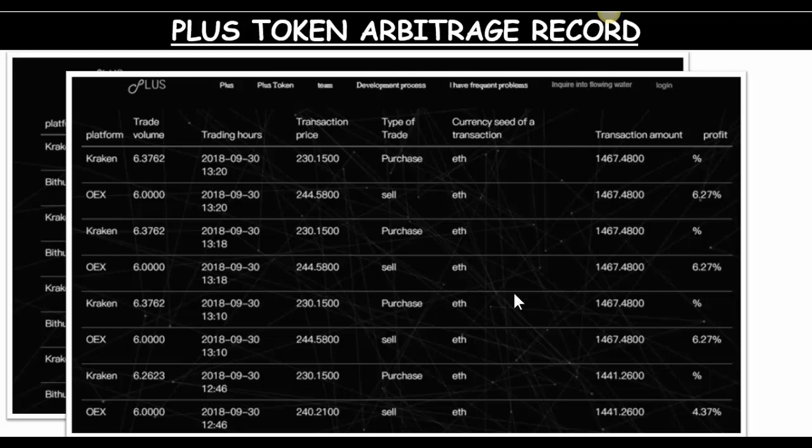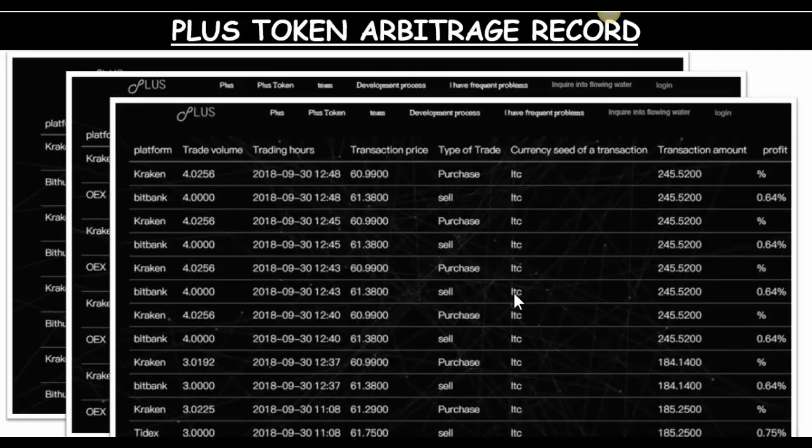And basically in that example, they bought 6.3762 on Kraken, and then they sold it instantaneously for 244 per Ethereum on OKEx, and that's what generates a 6.27% return.